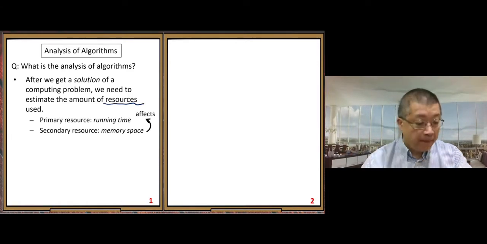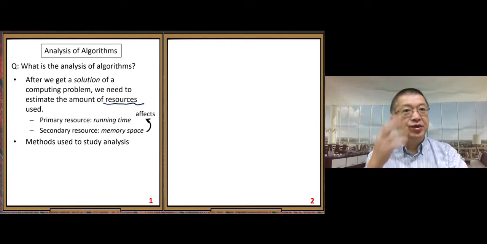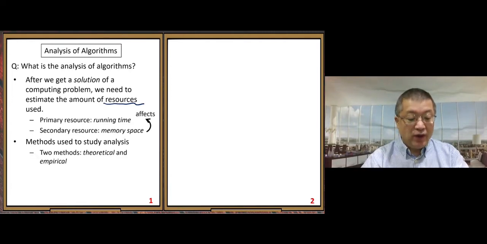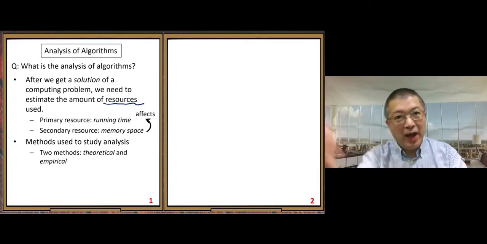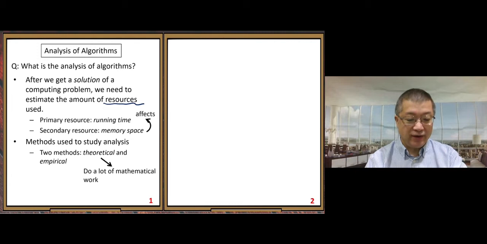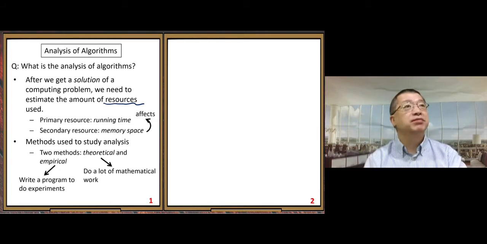So we want to avoid that kind of situation. All right. Now, the methods used to study analysis. Two methods. The first one, theoretical. So we do mathematical analysis. That's the theoretical. Another one, empirical. Empirical: write a program to do experiments.